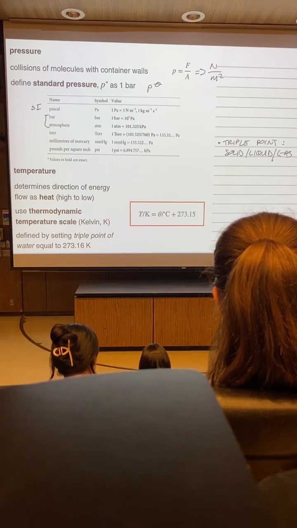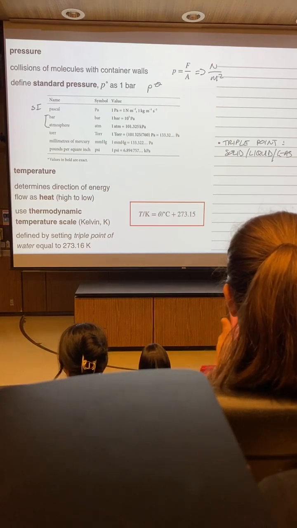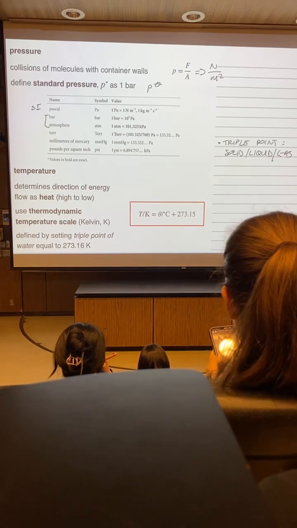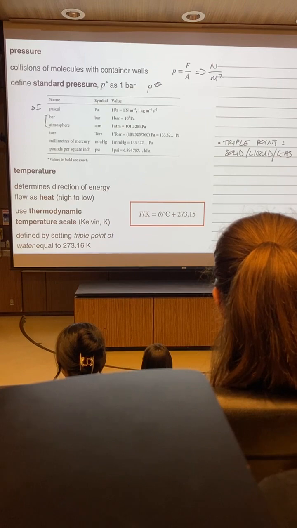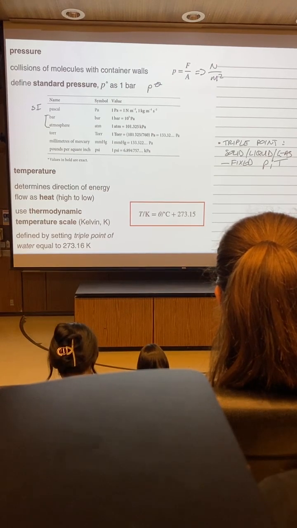And that can only happen at a very specific pressure and a very specific temperature. You don't have enough thermodynamic variables to move away from the triple point and maintain three different phases in equilibrium. Okay, so that happens at a specific and fixed pressure and temperature for each substance.